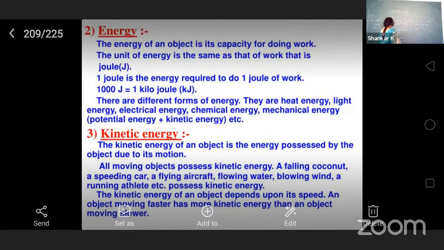Kinetic energy is also measured in joule. Energy is measured in joule. That's why this unit is the same as work, joule.